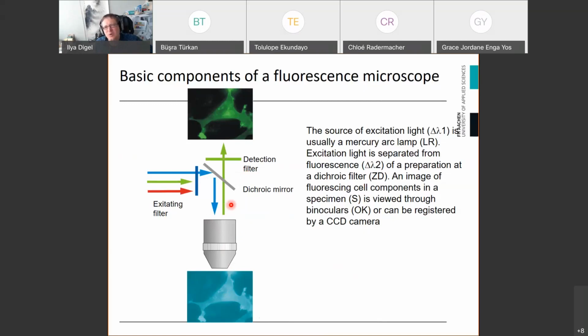And this time we see why this mirror is called dichroic, because in fact it sort of reflects, but at the same time it allows some part of radiation to go through. So it has some dual nature. It's a mirror, but at the same time it's a semi-transparent mirror. So it lets the emitted light, green light, go through, to the place where it needs to be detected.